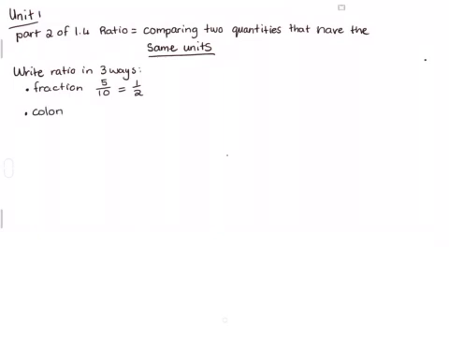You can write them next to each other using the colon. In other words, you would write it like that, and you could still simplify it, and you would read it 5 to 10, 1 to 2. But as you read it, you can also write it with words, so you can write: compare 5 to 10. The ratio 5 to 10 is equivalent to the ratio 1 to 2.